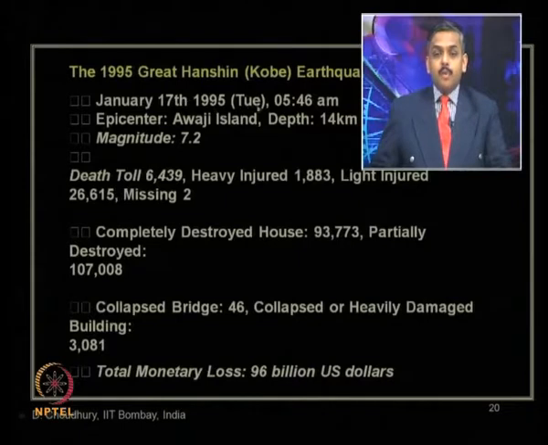So, before the 2011 great Tohoku earthquake of Japan, this Kobe earthquake of 1995 was the biggest earthquake disaster which occurred in Japan, with a magnitude of 7.2. But remember, the Tohoku earthquake was much more than this magnitude, it was close to about 9.1.